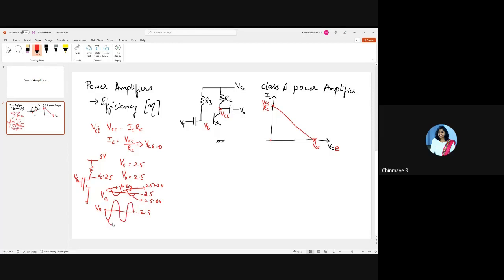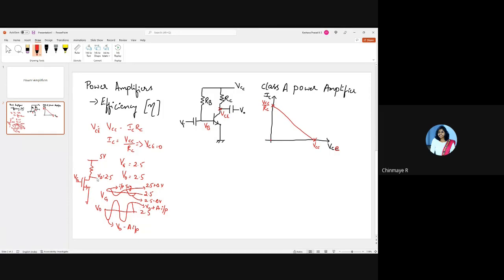So now this will be VD minus some gain times the input. This will be VD plus some gain times the input. This is going to swing across 2.5 volts, right?